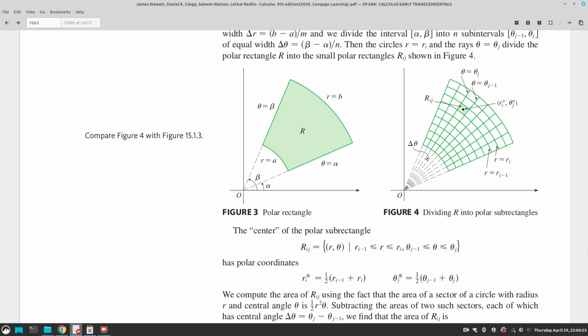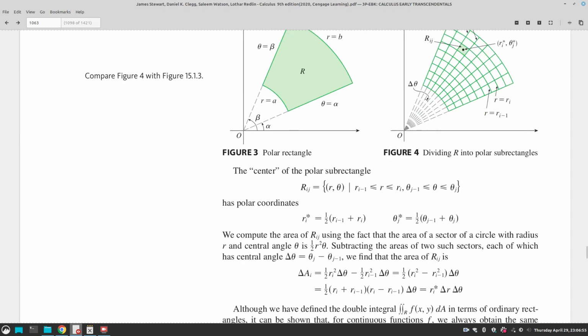We're using rectangles figuratively, in the sense that each of these regions lies within constant values of r and constant values of theta. So you take the ij subrectangle, as in this one. This subrectangle is between r_{i-1} and r_i, and between theta_{j-1} and theta_j.